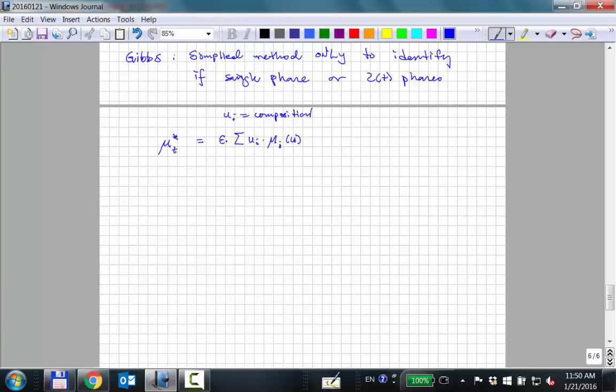And if you have epsilon of that composition, just an infinitesimal amount, plus 1 minus epsilon of the composition you know. That's the single phase energy.